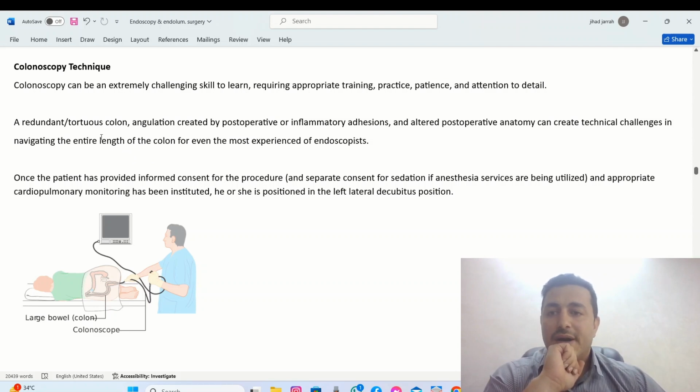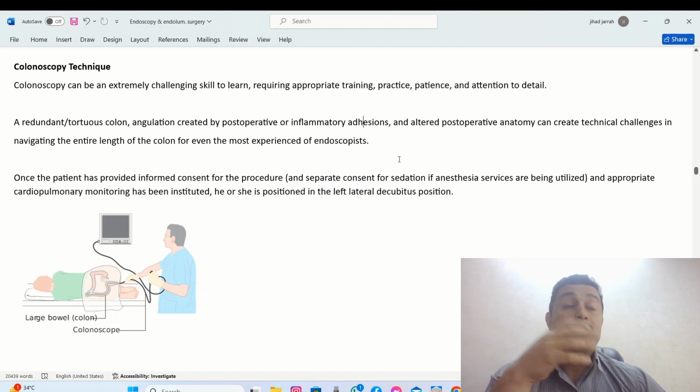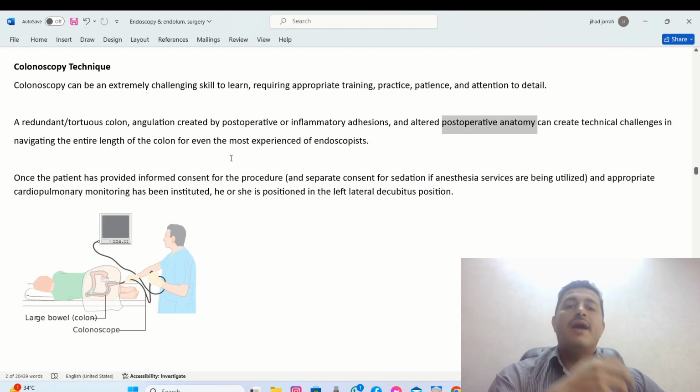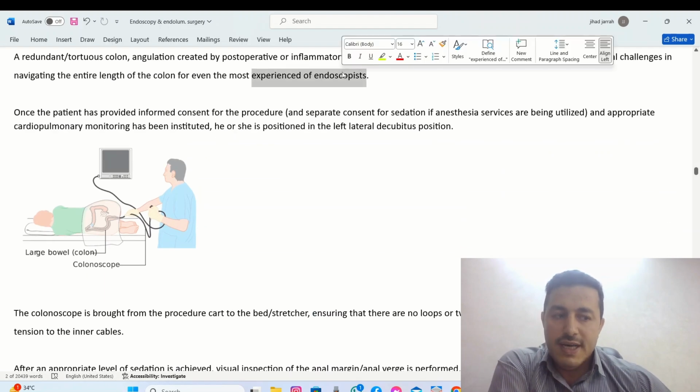We should keep in mind that we may have a redundant tortuous colon. We should keep in mind that some angulation can face us, especially in patients who have had an operation or inflammatory process that causes adhesion. The change of the anatomy, especially after surgery, makes the colonoscopy difficult even with an experienced endoscopist.